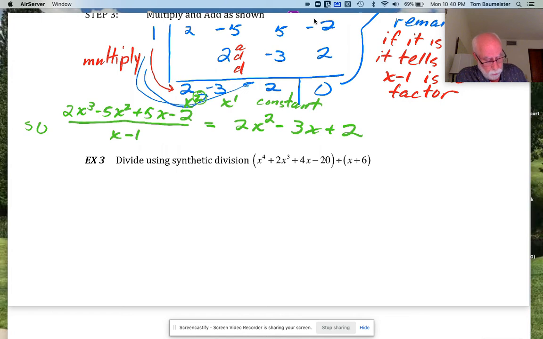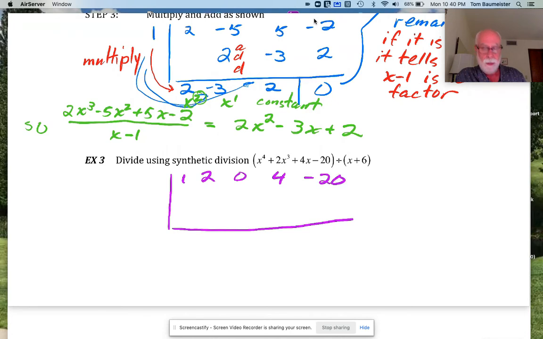We take our coefficients: 1, 2 for the x cubed term. Notice there isn't an x squared term. What did I tell you? You have to put a 0. And then we have 4, and then negative 20. Remember, I told you to put the line before the last one because the last one will be our remainder if we have one.